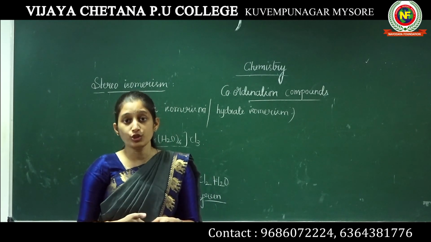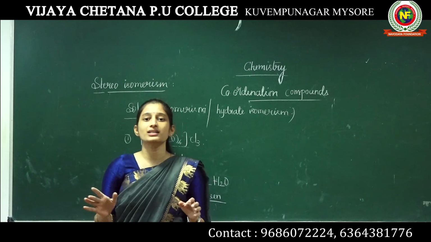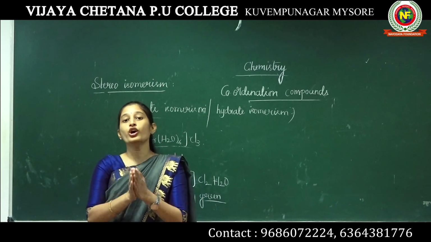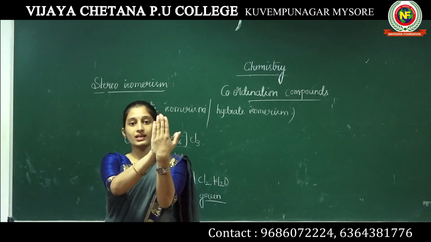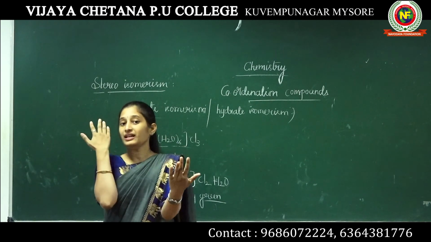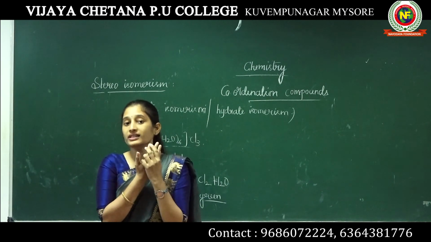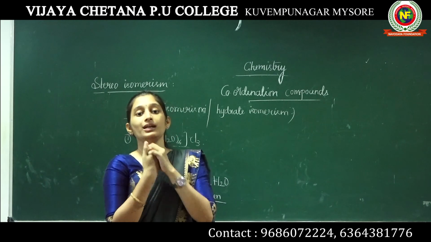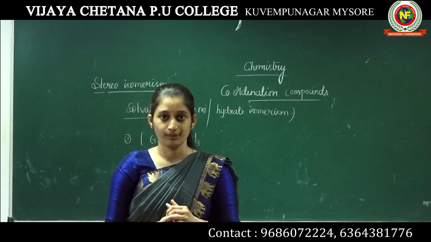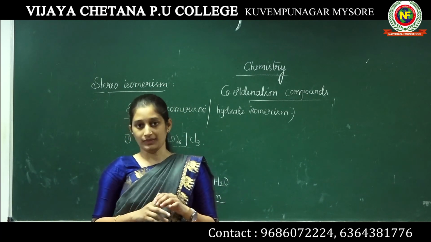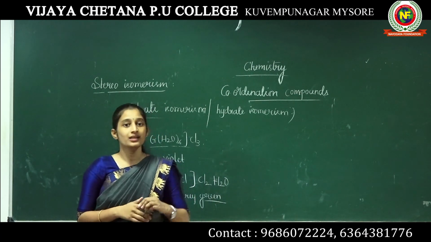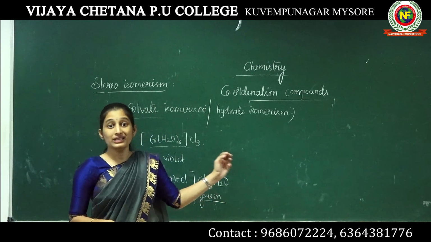What is this enantiomer? Enantiomer is very easy. Mirror images that are not superimposable are called non-superimposable mirror images. Understood? That is enantiomers. And after that, so many examples we discussed.